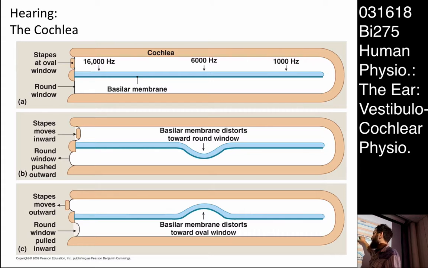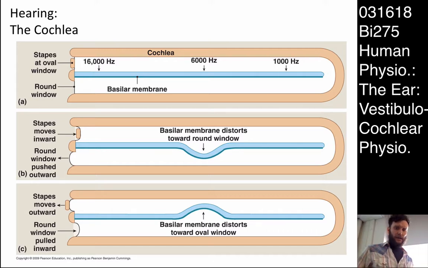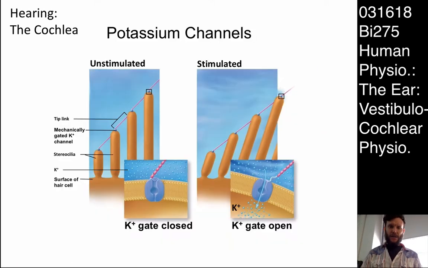And because of that, if you're pushing in here, it's going to bulge out this way, and something's going to have to give. So for every displacement this way in the oval window, there's going to be a displacement in the opposite direction on the round window. And then vice versa, back the other way. So this vibration gets set up here, stimulating those outer hair cells and inner hair cells of the organ of Corti, which gives us the sense of hearing.